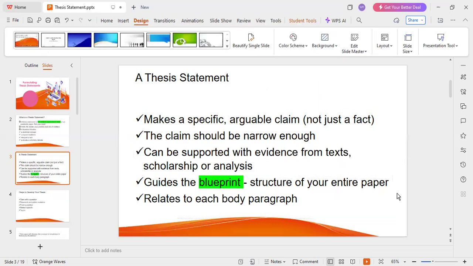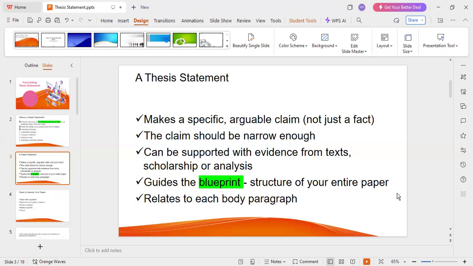So what do you mean by blueprint? If you're familiar with the term, what does it mean? This word specifically comes up in research. So blueprint means it is like the major plan, right?